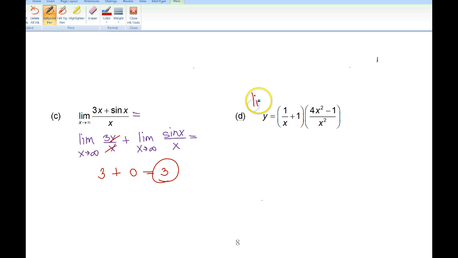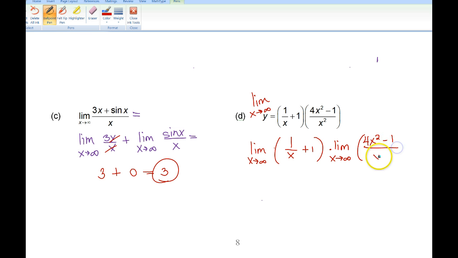Oh, this is supposed to say limit, sorry. Yeah, that was supposed to be there.